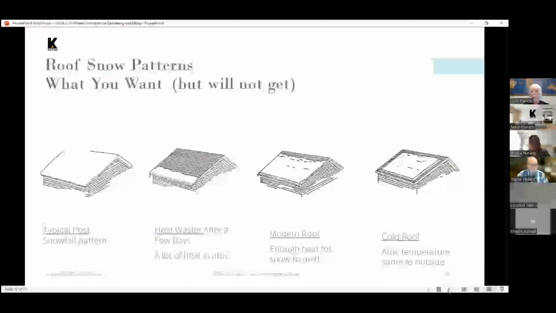Okay, so typically when you get a snowfall on a roof, it looks like the left-hand diagram there. The roof's covered with snow. Now, in older houses, older buildings that weren't well insulated, you lose so much heat through the roof that it melts the snow very quickly. And although you can get ice dams, because of the amount of heat lost, you lose I'll call it the fuel source for the ice dams pretty quickly.